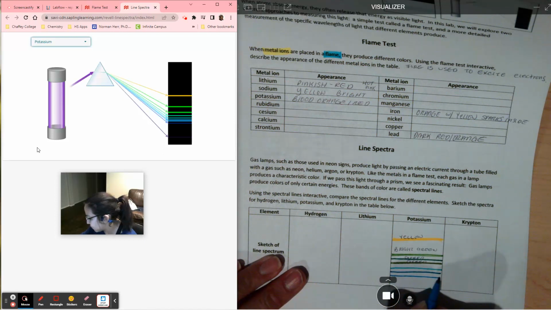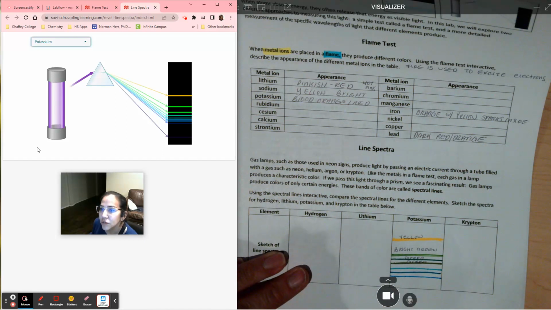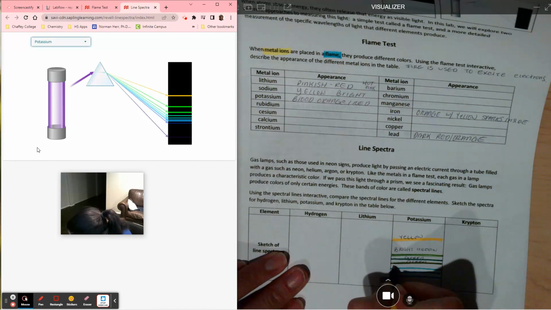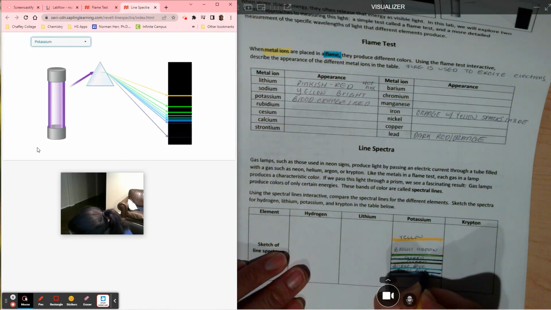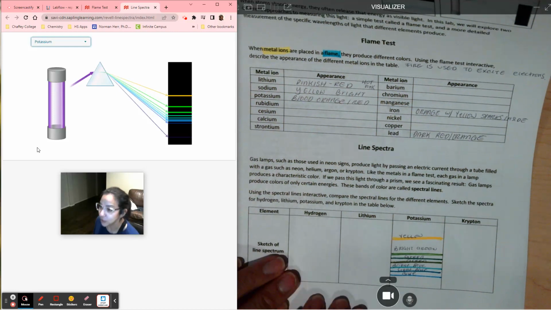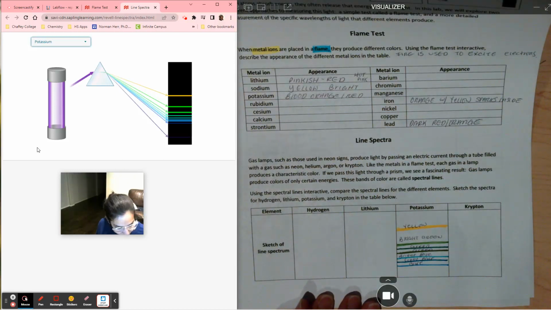Okay. And I have 1, 2, 3 lines of those lighter color blues. So this is bright blue. And this is like a light blue. And this is just blue. And then what I think I see is a dark blue as well.